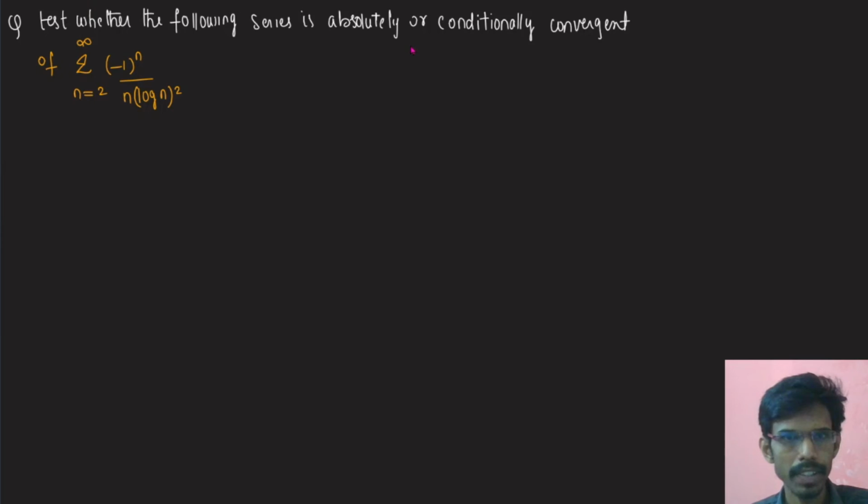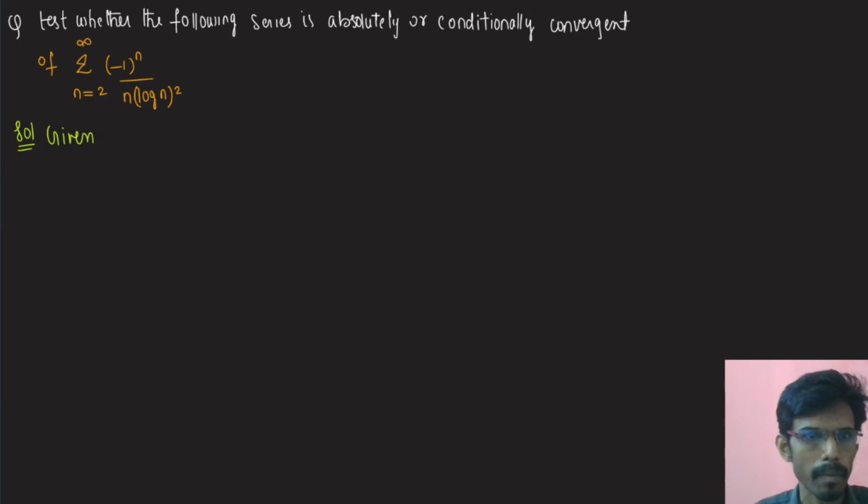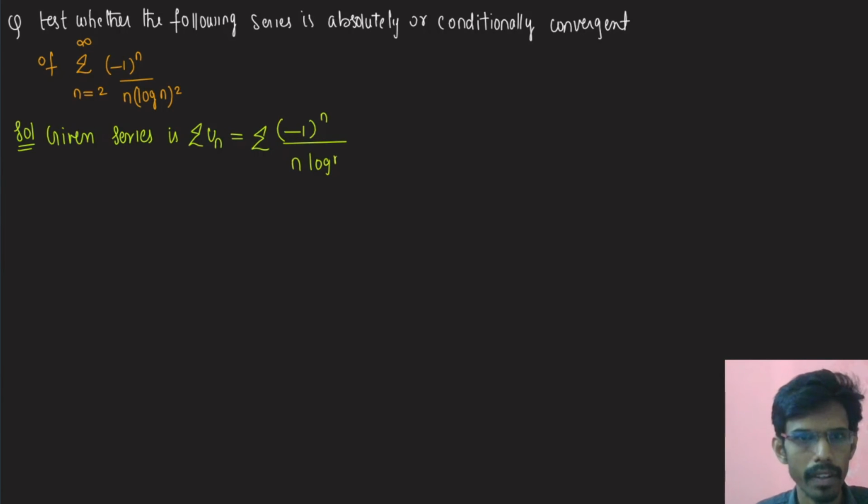Next, whether the following series is absolutely or conditionally convergent: sigma n equals 2 to infinite, minus 1 power of n by n log n whole square. Now let us solve the given series. The given series is sigma un, that is sigma minus 1 power of n upon n log n whole square.